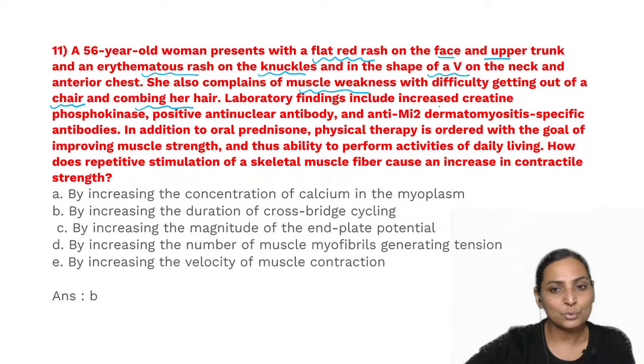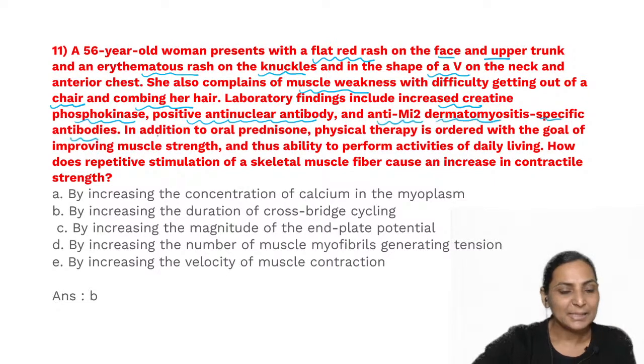Laboratory findings show increased creatine phosphokinase, positive anti-nuclear antibody, and anti-Mi2 dermatomyositis specific antibodies. In addition to oral prednisolone, physical therapy is ordered with the goal of improving muscle strength and thus her ability to perform daily activities.